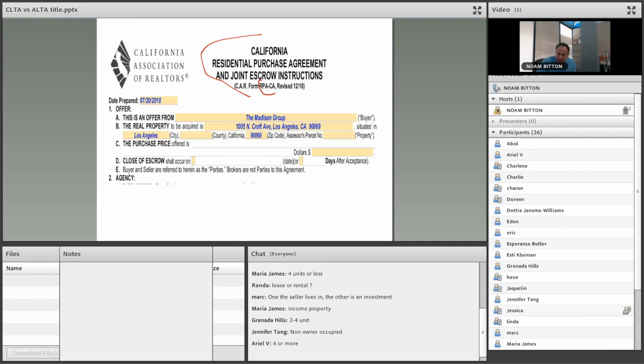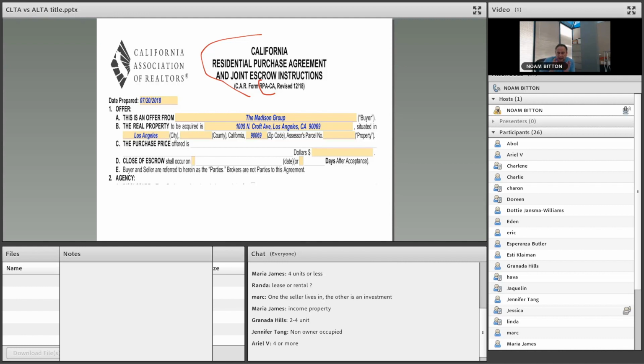You can, if you want, write the RPA for up to 4 units, but it's not advisable because those are income properties. So you need certain things, which I will address in that presentation, that have to be addressed in the purchase agreement, which the RPA doesn't address.